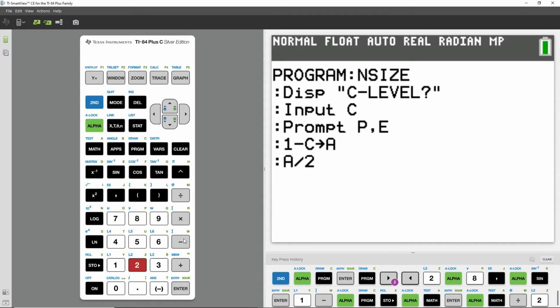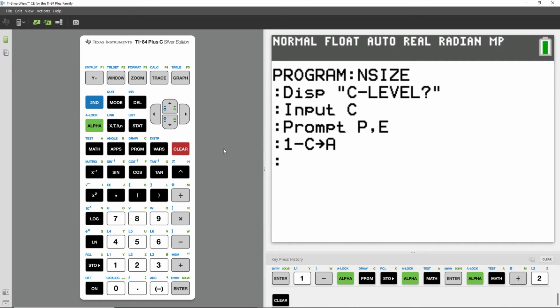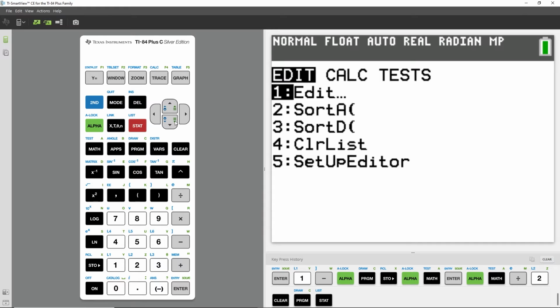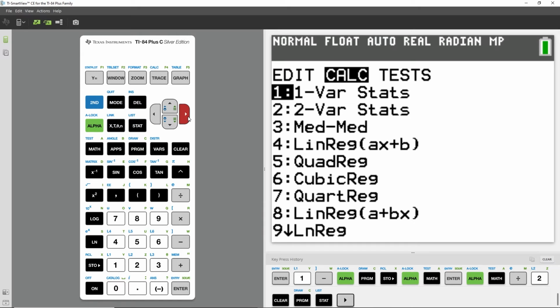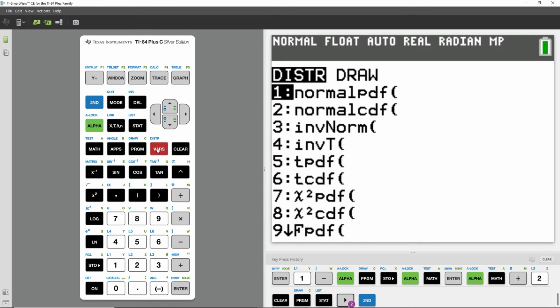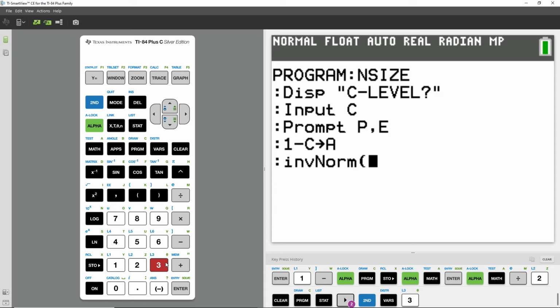All right, at this point, I know what we can do. Let's go into program, not program, stat. It's actually in distribute, isn't it? Second, distribute, inverse norm, and we're going to take the inverse norm of A over 2.